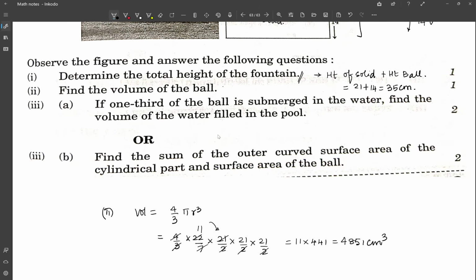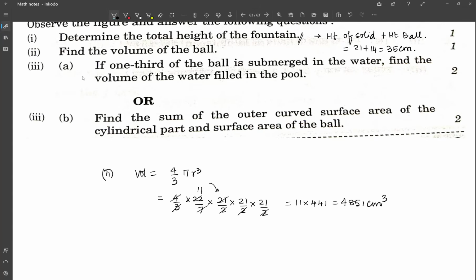Moving on to the next question. This is where the challenging part starts. Now, read this question carefully. If 1/3 of the ball is submerged in water, remember we have solved similar questions.